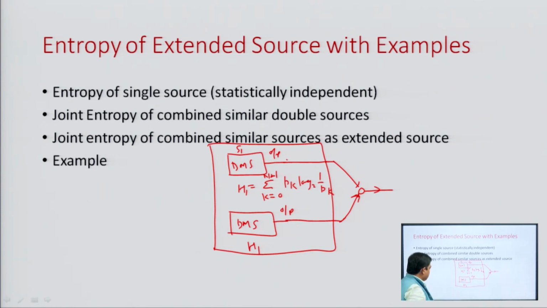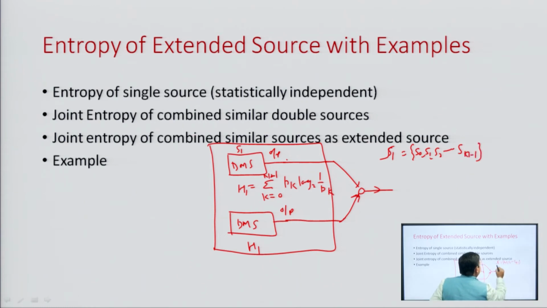See, suppose this source S1 has symbols S0, S1, S2, up to Sn minus 1.